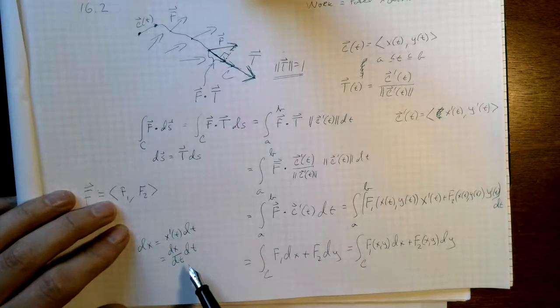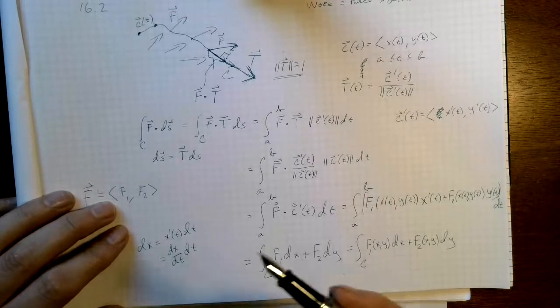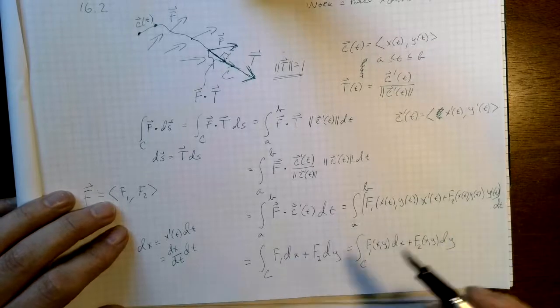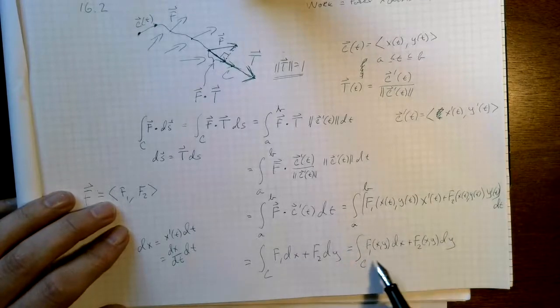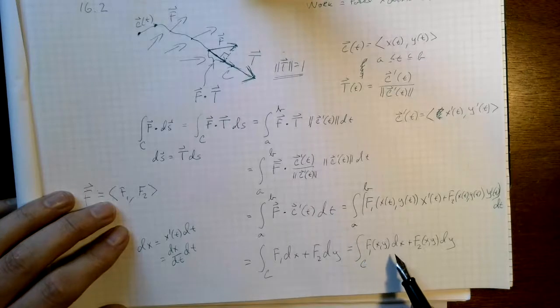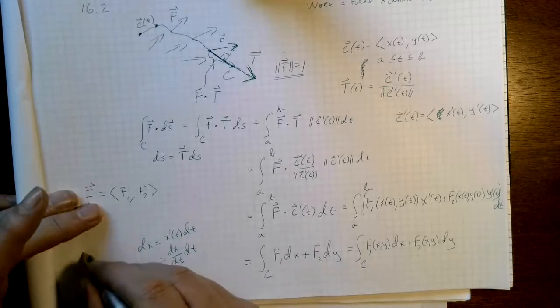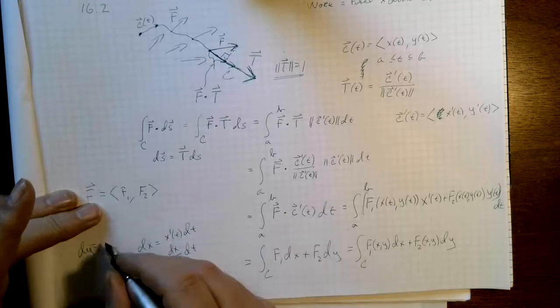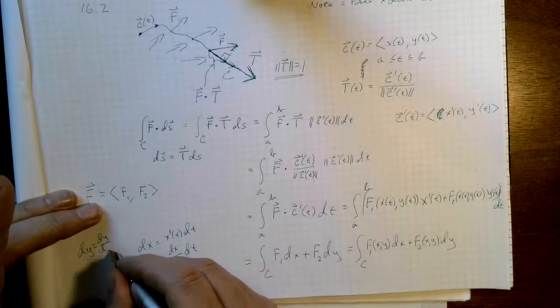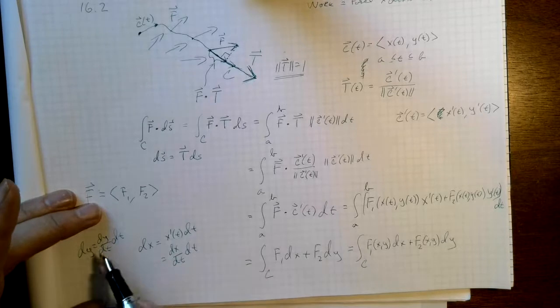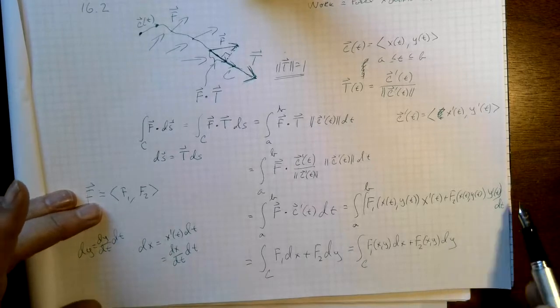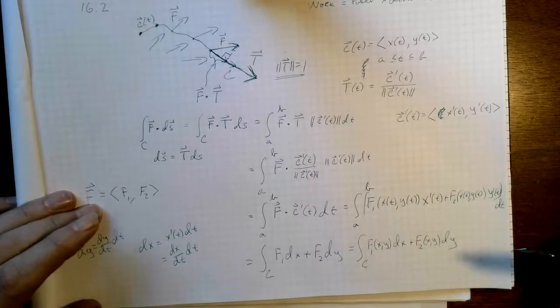That looks just like a regular change of variables, right? If I think of a change of variables from x and y to t, this is how dx changes into dt, and of course dy changes in the same way, it's dy/dt dt. And that comes into here, and that's precisely this formula, right?